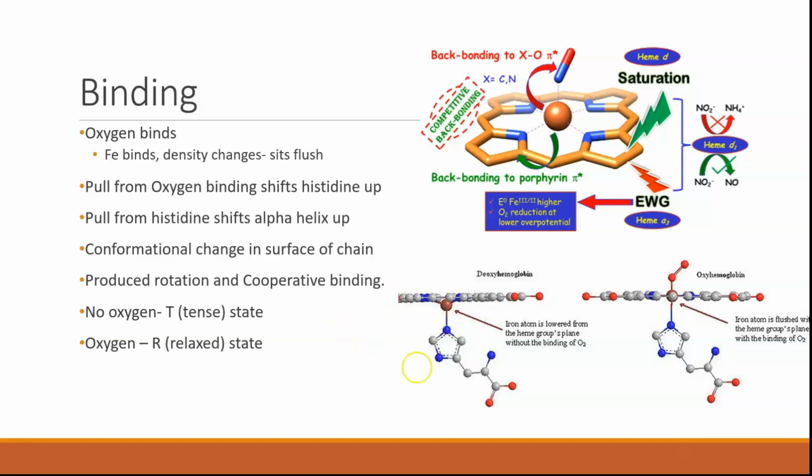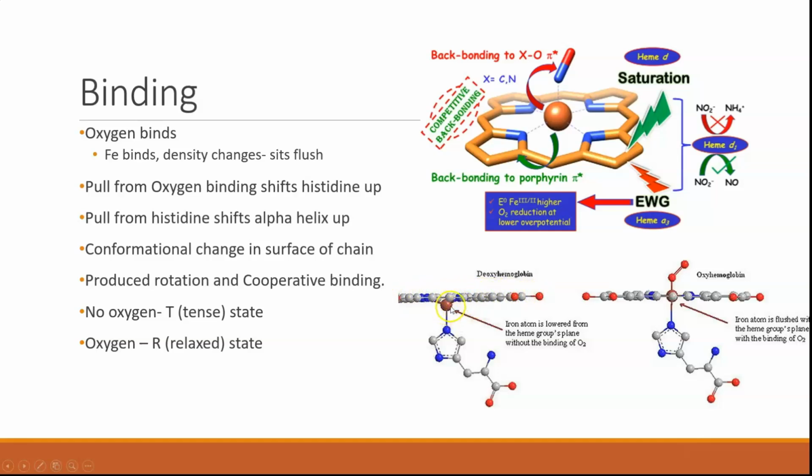And originally, when oxygen is not bound to hemoglobin, it's referred to as deoxyhemoglobin. And the way that structure is shown here is due to the density of the iron atom being so large that it sits right under this flat structure of the protoporphyrin.